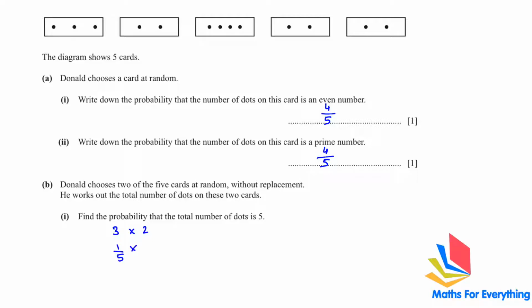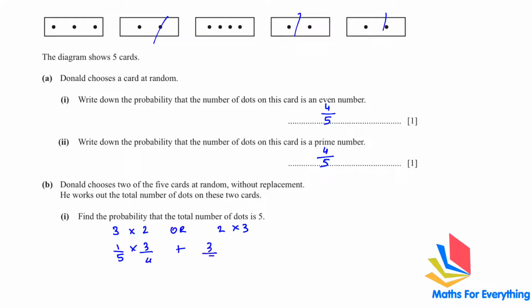So the probability is 1 over 5. And how many cards having 2? 1, 2, and 3. So 3. But we have removed one card, right? So how many cards are remaining now? 4. Or it could be a 2 and a 3. What is the probability of having 2? 1, 2, and 3. Or means plus.